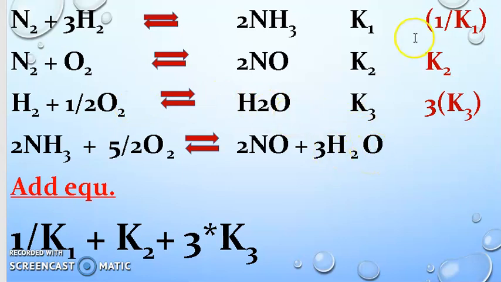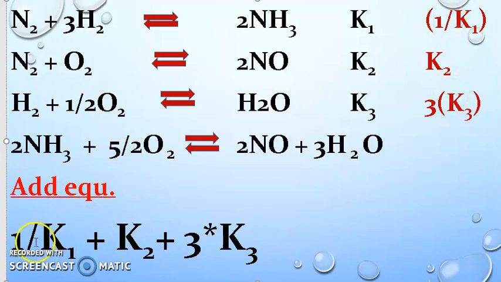So what changes do we have to make to these reactions? Just do the changes like this: 1 by K1, the second reaction K2 as it is, and the third reaction multiplied by 3, giving K3. Then, if you want to get this reaction, you have to add all three reactions.